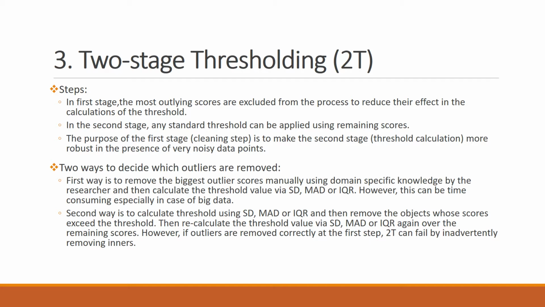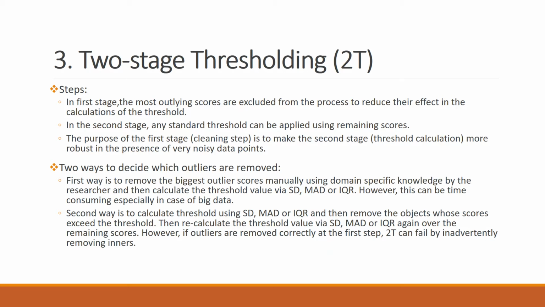Second way is to calculate the threshold using SD, MAD, or IQR and then remove the objects whose scores exceed the threshold. So for the first step, either we can remove manually or calculate thresholds and remove outliers, and then for the second stage, we will recalculate the threshold values via SD, MAD, or IQR again over the remaining scores.